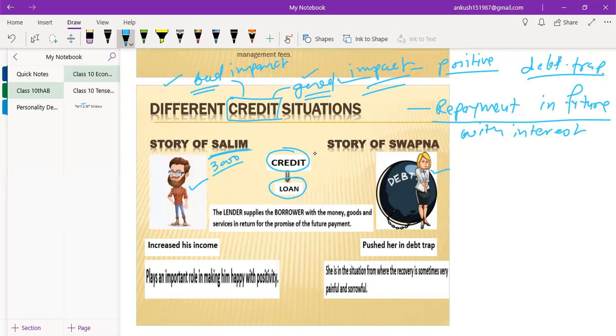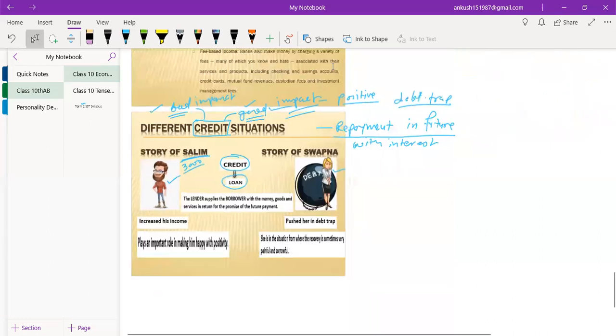So what kind of positive role of credit can there be? The positive role of credit is it helps people in establishing and running their businesses. Let me clear it here by writing. So credit, what does credit do?